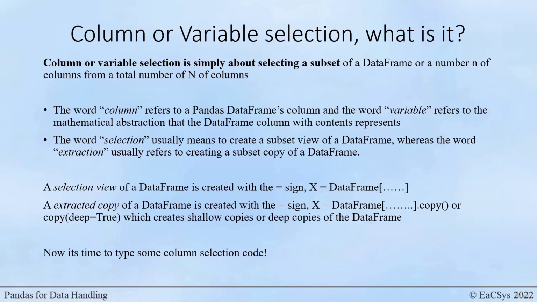In this video we will only do selections from a data frame. So we will create new views of the data frame and not new copies of the data frame, although in the code it can be quite an abstraction to see this difference. And now we're going to type some column selection code, so start up your code editors.